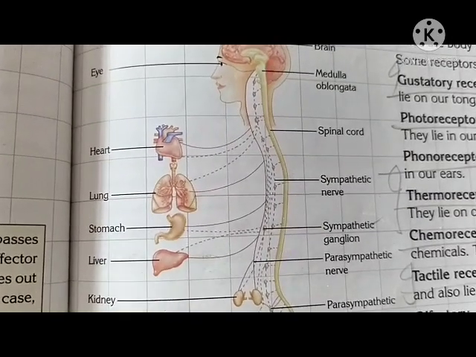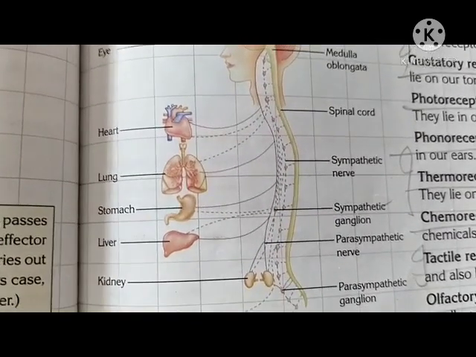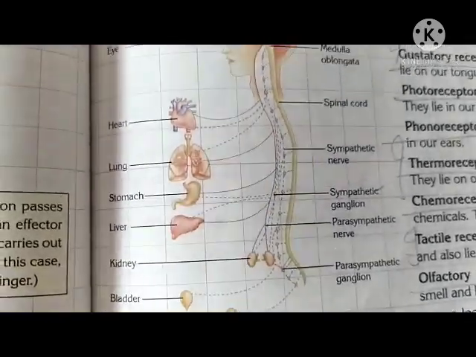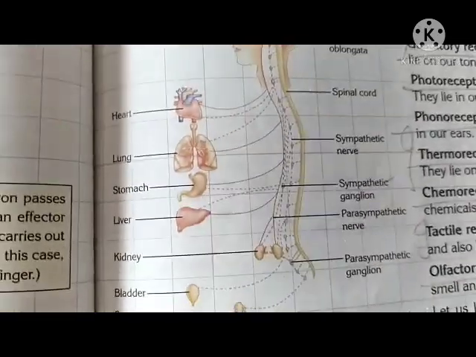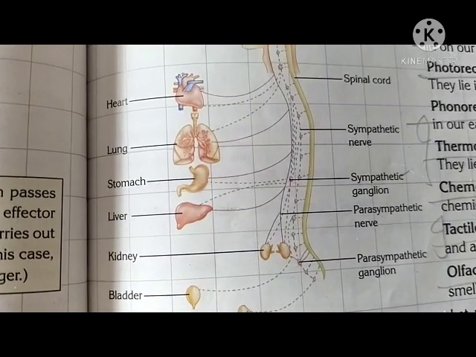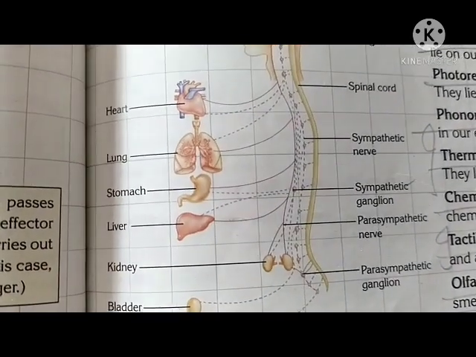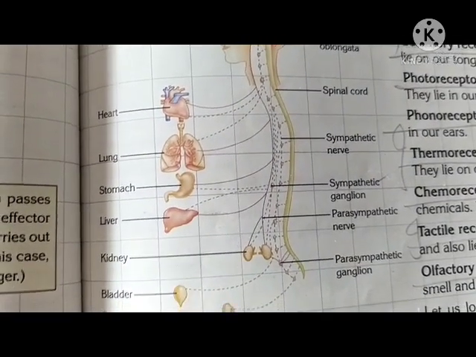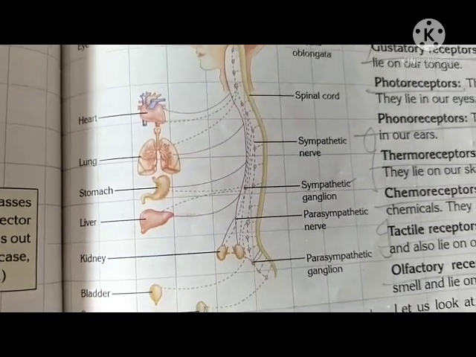Involuntary action means the action which we can't control, like contraction and relaxation of vessels, our pulse rate, our heartbeat. All these functions are governed by the autonomic nervous system.